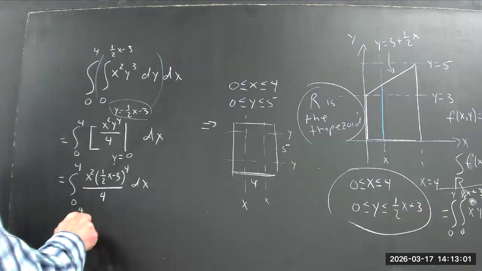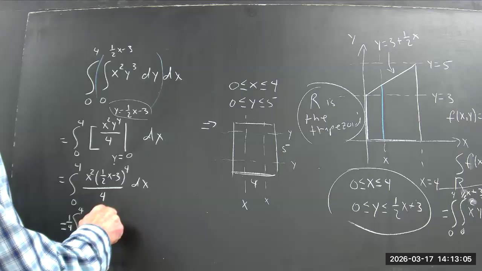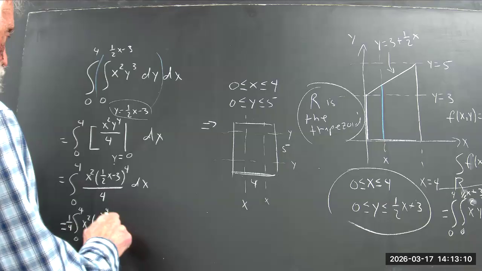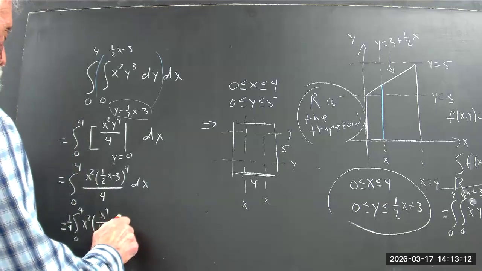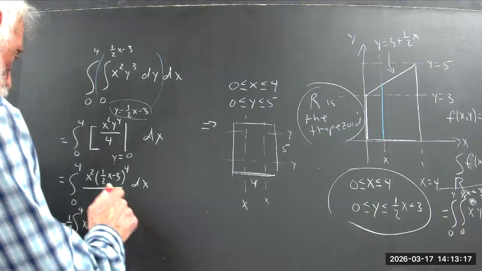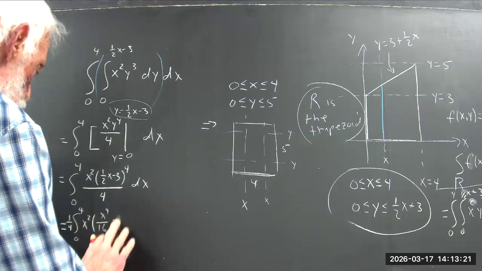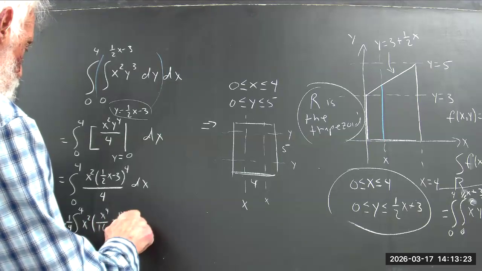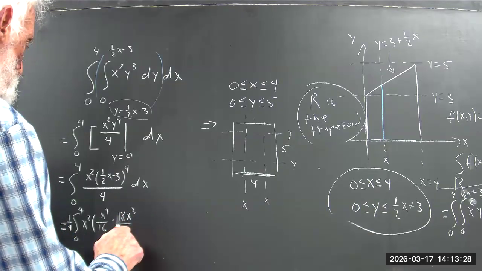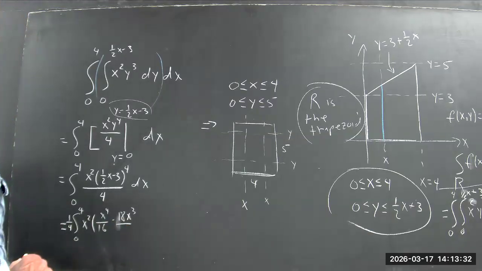It's going to be x squared times x to the fourth over 16 minus 6 times 3, 18 x cubed over... I'm losing it.